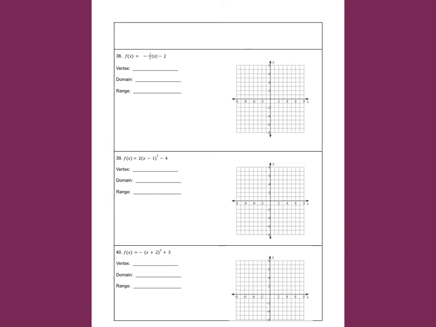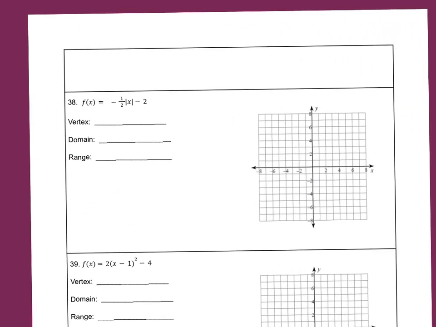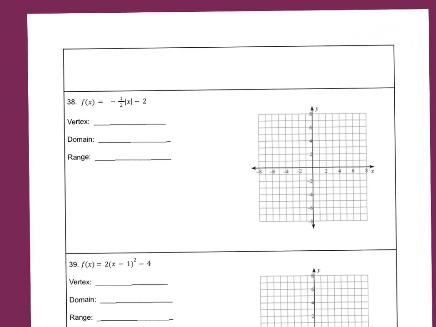We'll go ahead and do number 38 as well. The vertex on this one, again, it's absolute value because of the bars. If I don't have anything written in there for h, it's just 0, and k is negative 2. So plot that. My slope on this one, or my a value, is negative 1/2, so down 1 over 2, down 1 over 2, down 1 over 2.